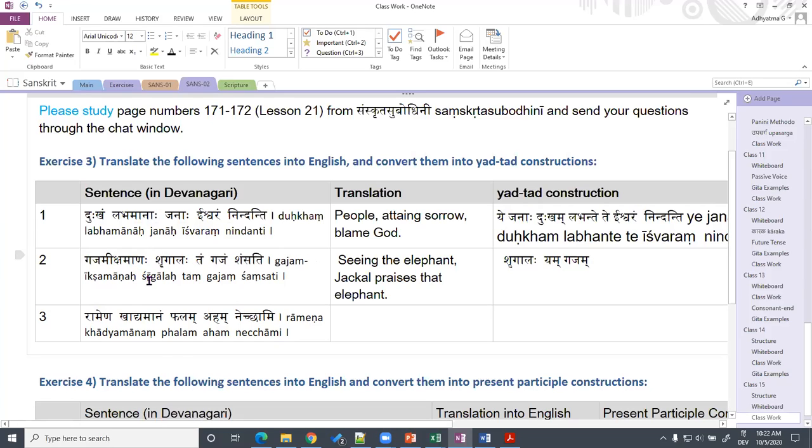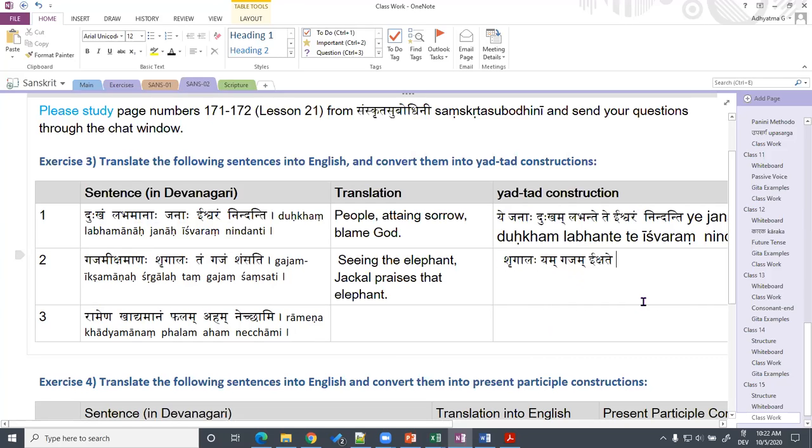Shrugalaha yam gajam ikshate, saha tam gajam shamshati.